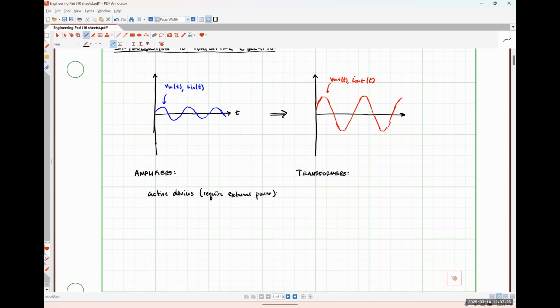On the flip side of things, a transformer is an example of a passive device. Now, I briefly talked about the difference between active and passive devices in my Engineering 221 section, but I don't know what everybody's exposure is to it.